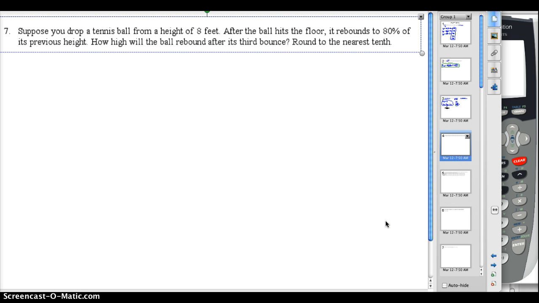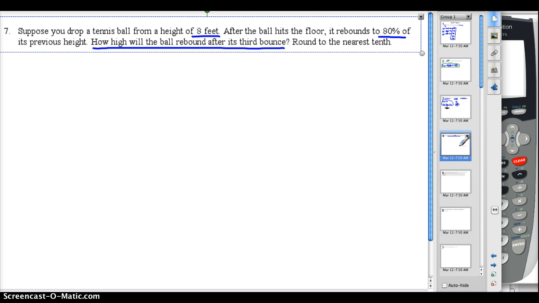Suppose you drop a tennis ball from a height of 8 feet. After the ball hits the floor, it rebounds to 80% of its previous height. How high will the ball rebound after its 3rd bounce?